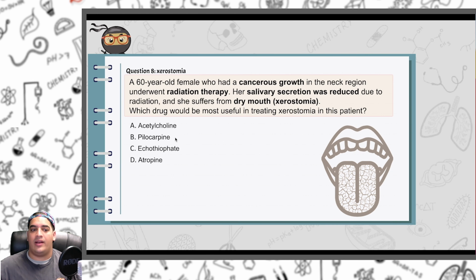So pilocarpine would be a potential drug, and then the other one is carbachol, but we don't use that one because it also has lots of side effects. Pilocarpine would treat things like this situation, glaucoma, and also help improve lacrimation and salivation in patients who have Sjogren syndrome or radiation-induced decreased salivation and lacrimation. So pilocarpine should be the answer.